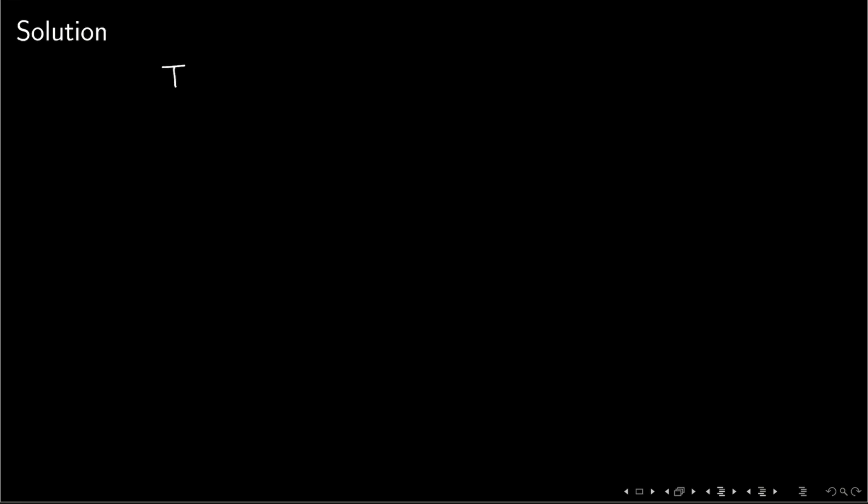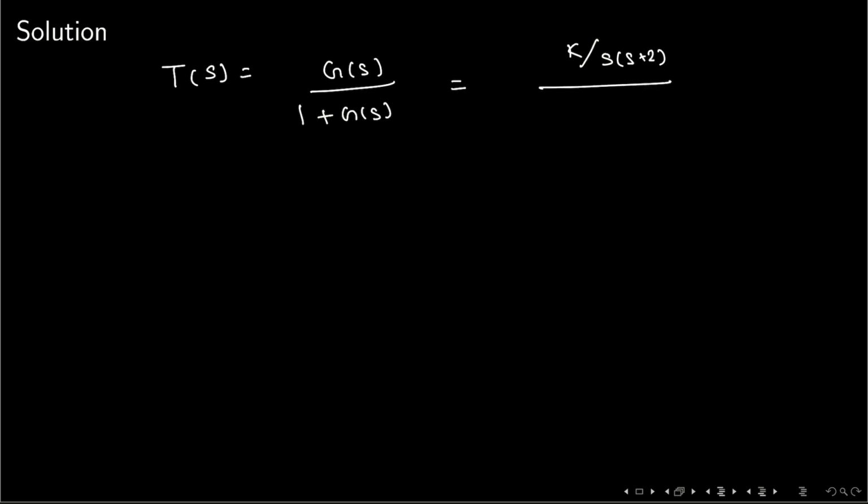We know the closed loop transfer function is given as T(s) = G(s) / (1 + G(s)), which is equal to K / (s(s+2)) divided by (1 + K / (s(s+2))), which is equal to K / (s² + 2s + K).